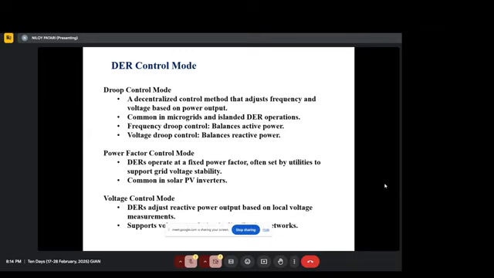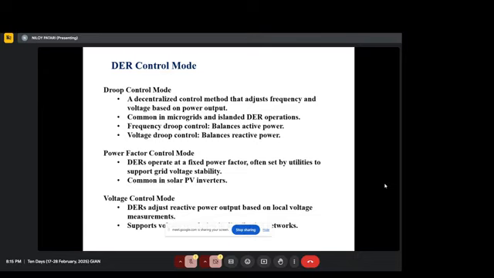Now, since PV is connected, the voltage will boost up. It won't boost down, but it will generally boost up because PV sends active power, right? And that active power will boost that voltage. So the voltage control mode works in this way: it will sense the PCC voltage, compare that with the reference voltage, and it will inject or absorb reactive power in order to control the voltage.